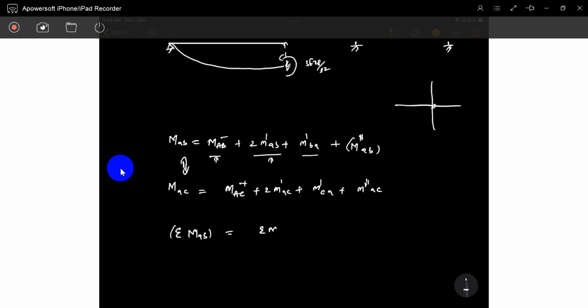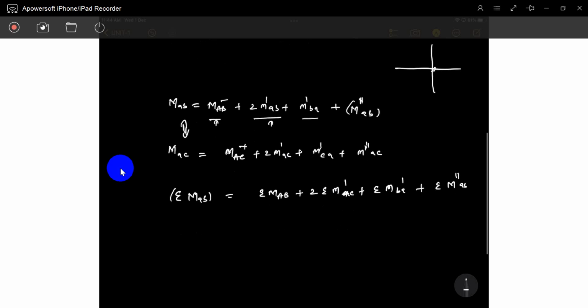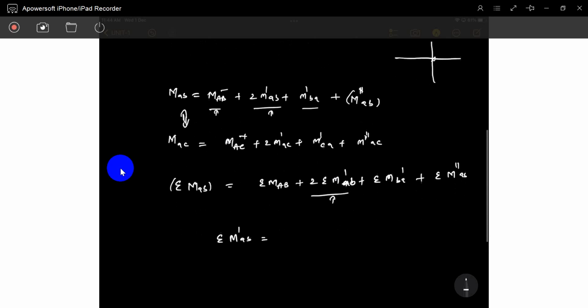You get the sum of the AP, the sum of the AC, the sum of the PA, but the sum of the translation. So finally you write this equation: sum of MAB is equal to what? You write minus 1 by 2 of the sum of the fixed end moments, the sum of the rotational contribution from the far ends, and now the sum of the translational contribution also.